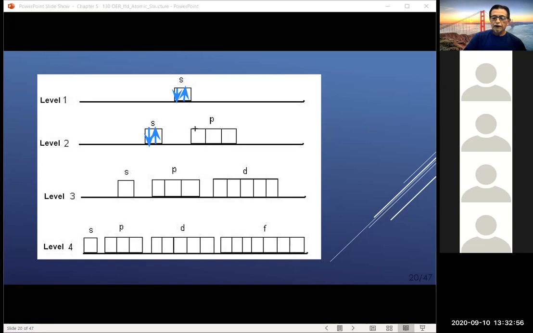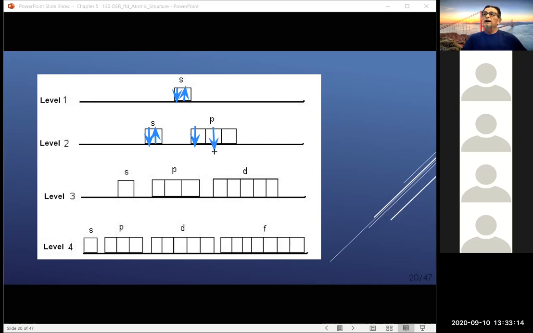Boron has 5 electrons total. I have 2 in the 1S first level, then I fill up the 2S, and then I go to P1. As I continue across the periodic table, I first fill up each of the orbits.